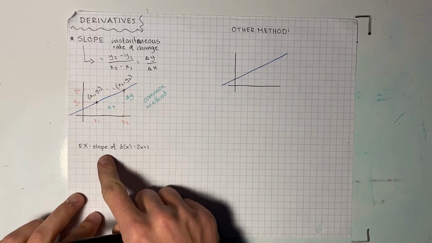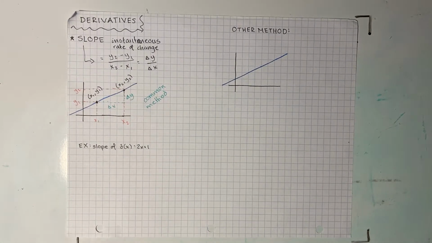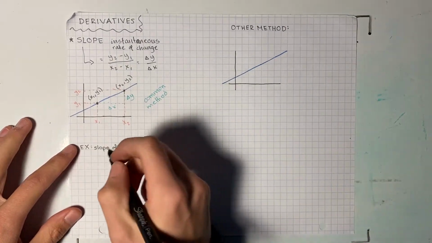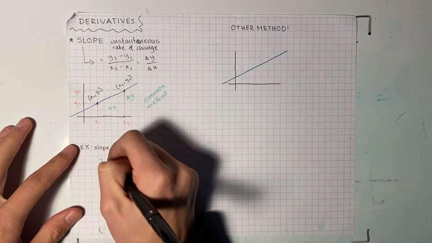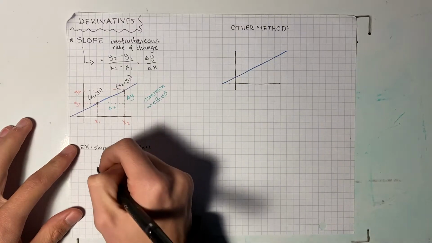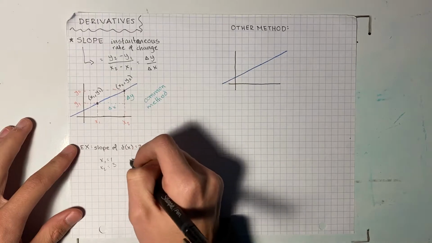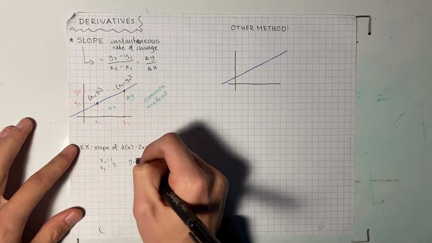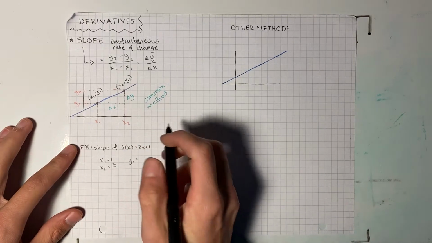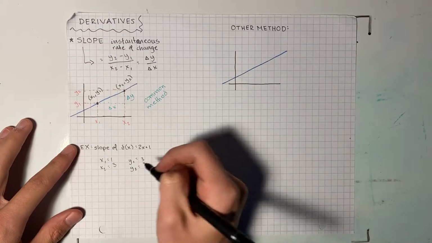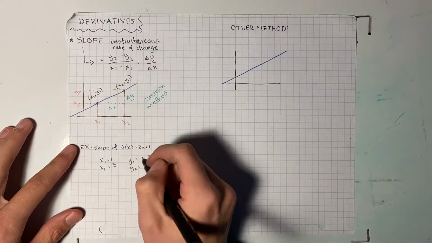So we want to find the slope of this equation, f of x equals 2x plus 1. So let's just choose two random x numbers. Let's say our x1 is equal to 1 and our x2 is equal to 3. When we plug that in, we get a y1 of 2 times 1 plus 1, which is just 3, and our y2 is 2 times 3 plus 1, which is 7.